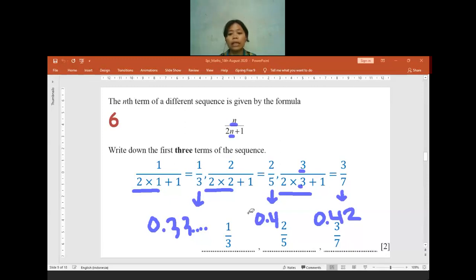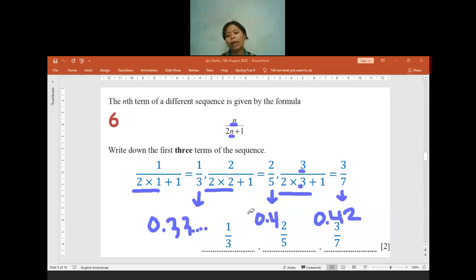No, you don't have to write it as a decimal. The question only asks you to find the term. It will be better if you keep it as a fraction. I showed the decimal because some of you answered it as a decimal, so that's why I showed both the decimal and the fraction. But it will be better if you keep it as a fraction.